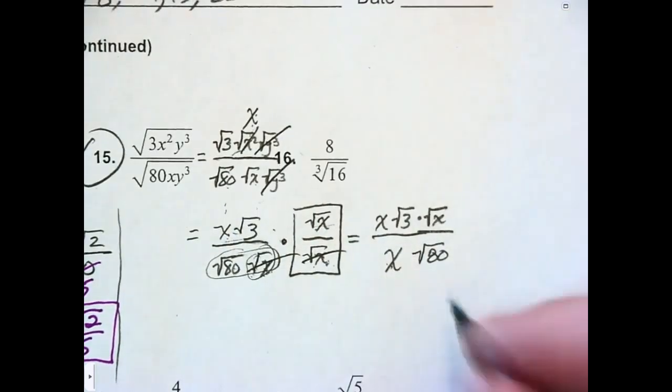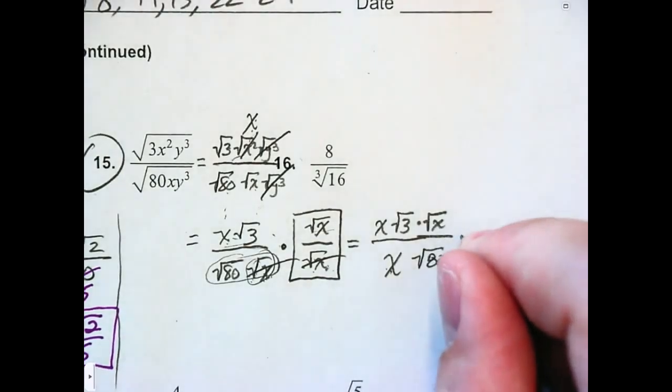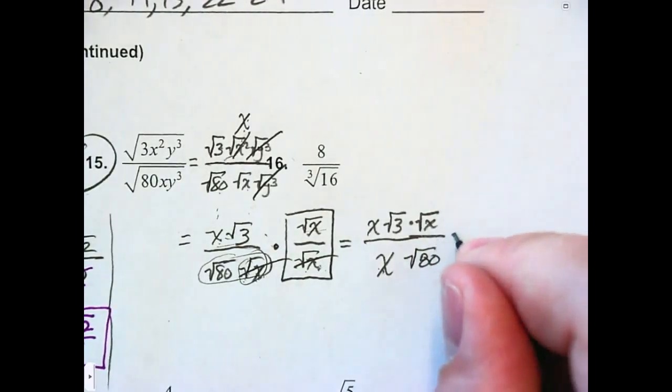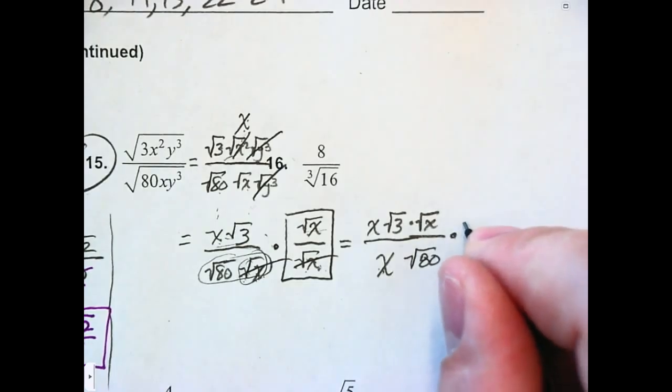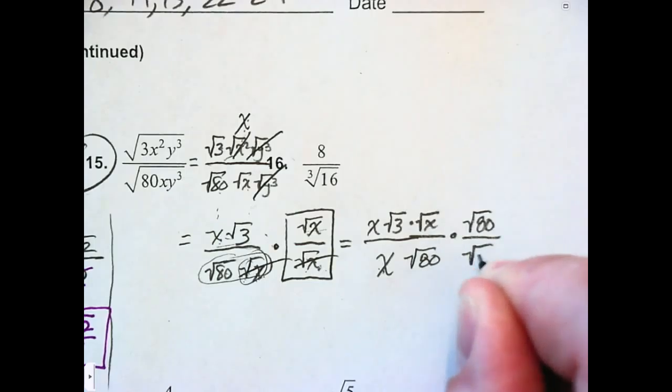Root 80. Tell your neighbor how you can get rid of root 80. Could you multiply it by root 80? Oh, you mean could you have? Yeah, you could have done it in 1 step.